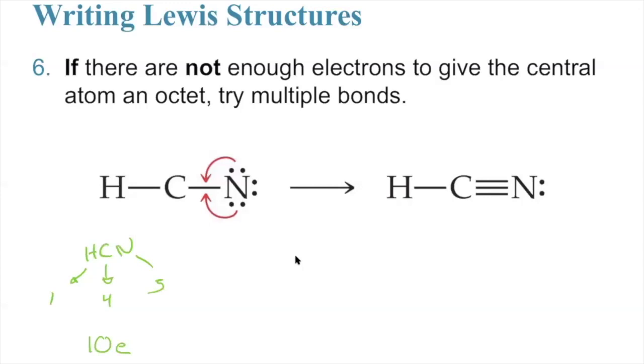Now, I know that hydrogen has very low electronegativity, but hydrogen likes to be terminal. Why is that? Because it can only have one bond attached to it. Hydrogen only likes to have one bond attached to it.